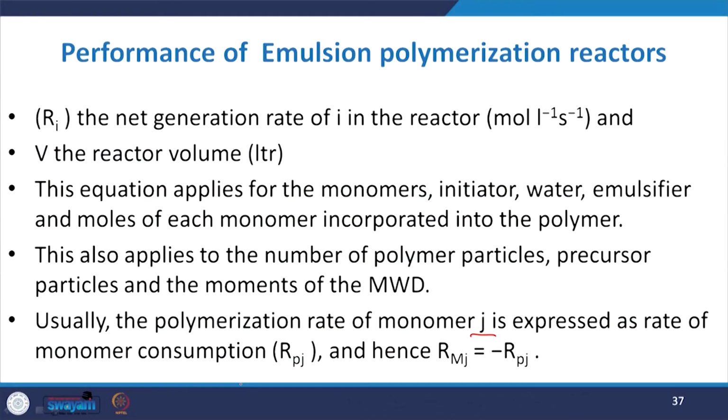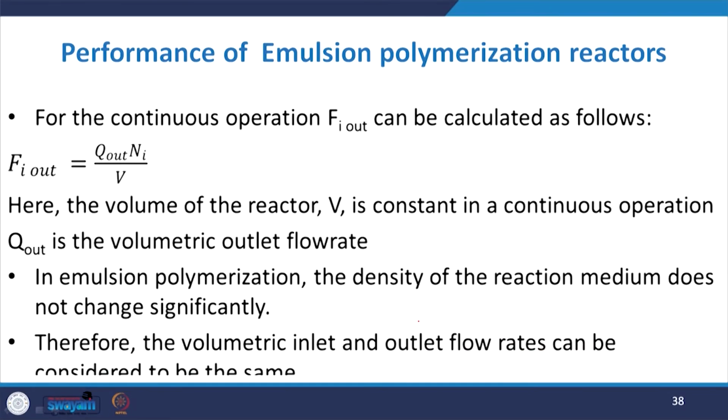This also applies to the number of polymer particles, precursors particle, and the moments of molecular weight distribution. So usually the polymerization rate of a monomer J is expressed as the rate of a monomer consumption RPJ, and therefore this RMJ is equal to minus RPJ.